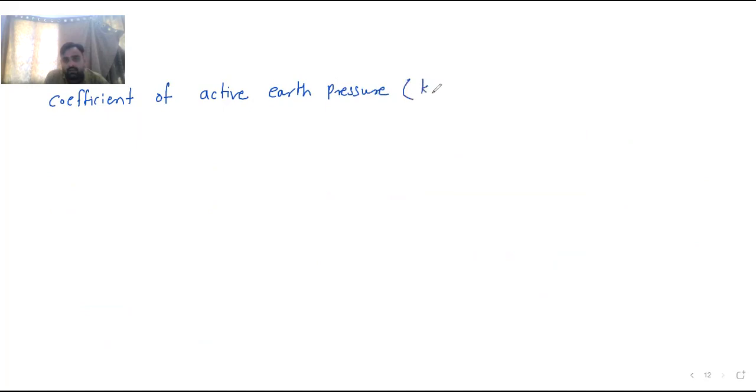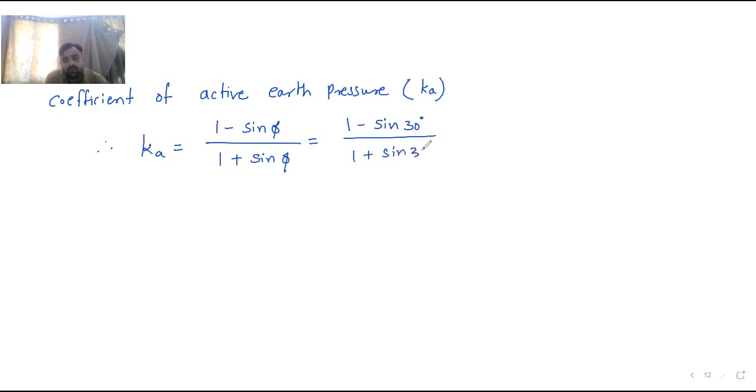Therefore Ka is equal to 1 minus sine phi divided by 1 plus sine phi. Phi is 30 degrees, so put the value: 1 minus sine 30 divided by 1 plus sine 30. So what is the answer?